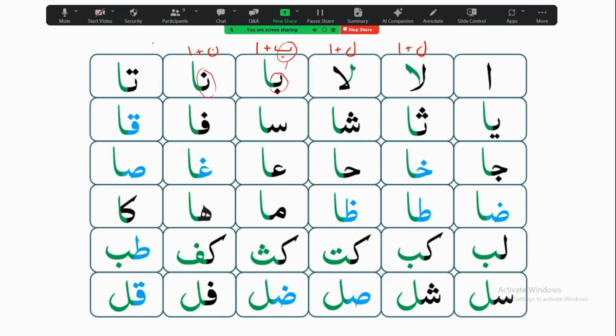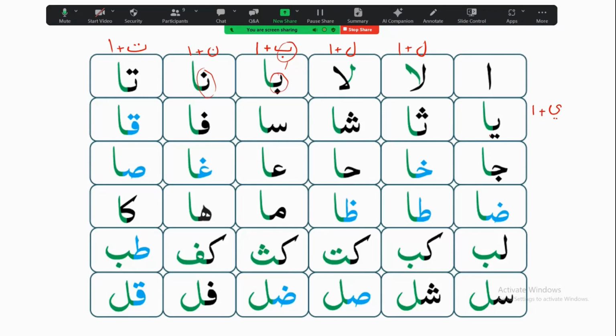The next here is the Ta letter with 2 dots on top, and Alif. Ta, Alif, Ta. So the first here is Alif, Lam Alif La, Ba Alif Ba, Noon Alif Na, Ta Alif Ta. The next here is the Ya letter and Alif letter.